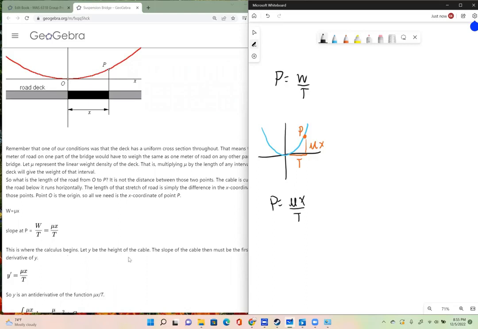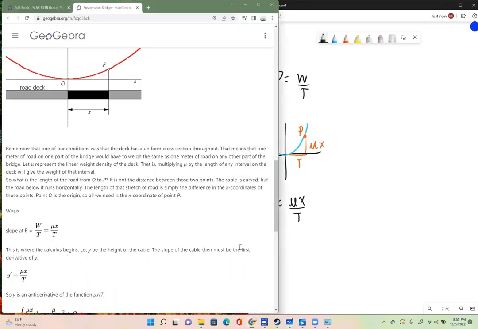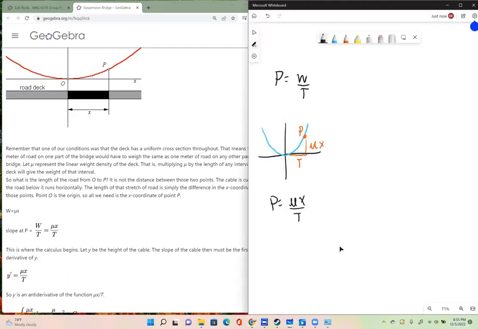So let y be the height of the cable, the slope of the cable must be the first derivative of y. So P is replaced with y prime. y prime is mu times x over T.